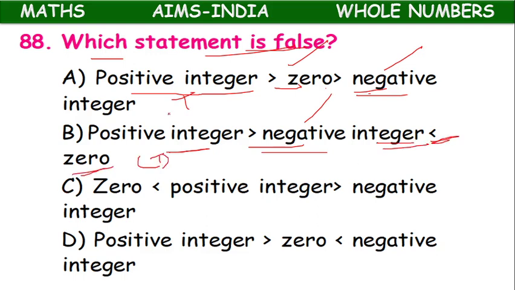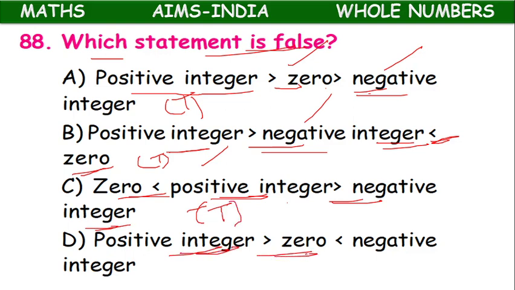True option. 0 less than positive integer: true. 0 less than negative integer: wrong. So D option is the false statement, because they asked for a false statement.